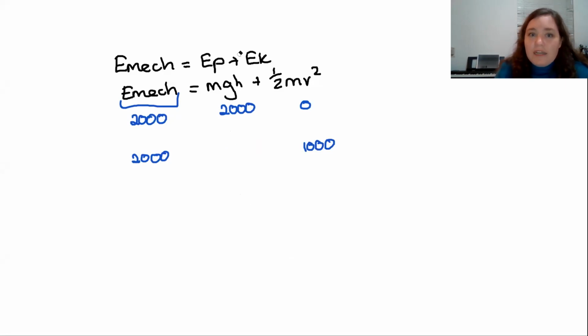So what I need to realize is if the amount of energy you have is conserved, or the amount of money I have stays the same, if some of it changes from one form to the other, the total sum of both of them must remain the same, okay? So mechanical energy, we're going to be talking about how it gets conserved. But at any one point, I can look at the combination of potential and kinetic energy at that instant in time.